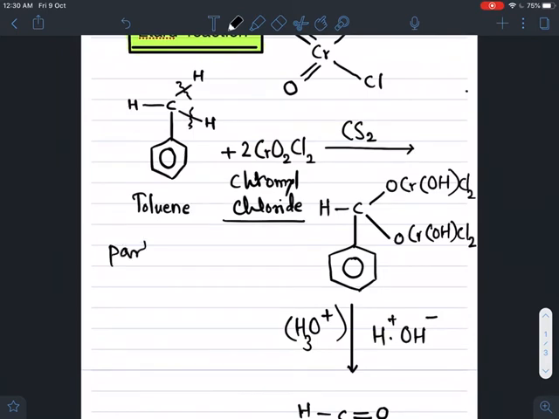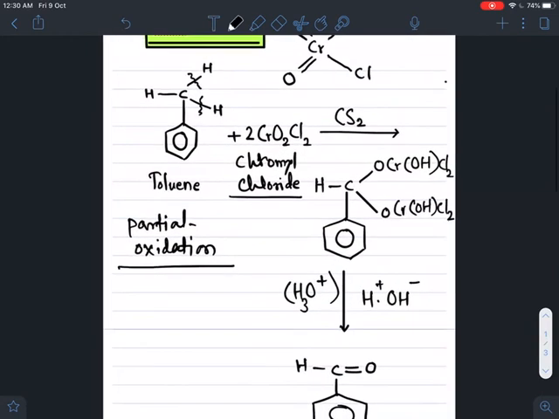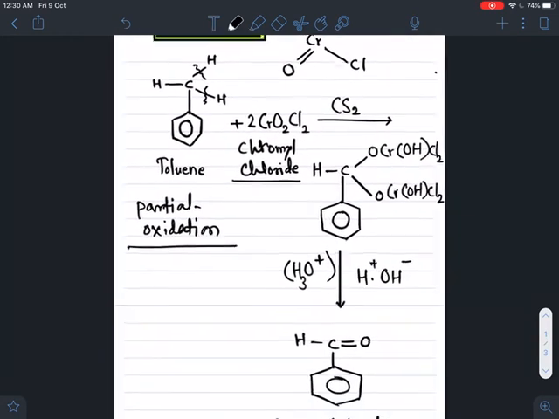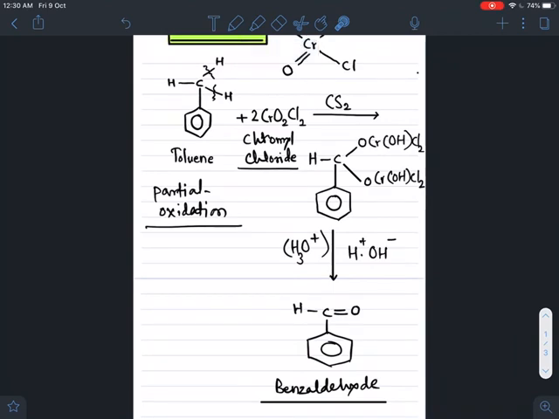This reaction undergoes partial oxidation. There is no complete oxidation. Partial oxidation means here the CH3 group is finally converted into the CHO group, and this reaction is called the Etard reaction.